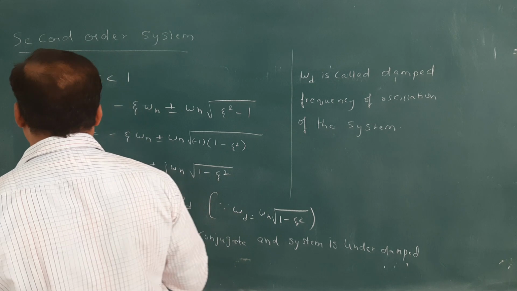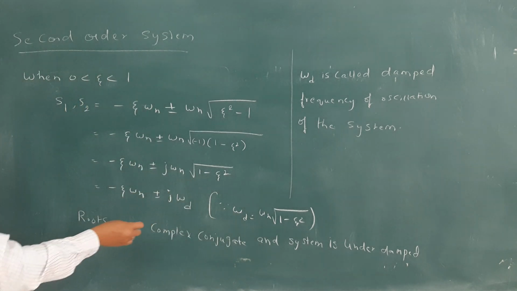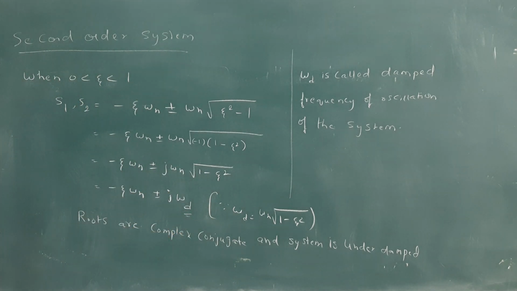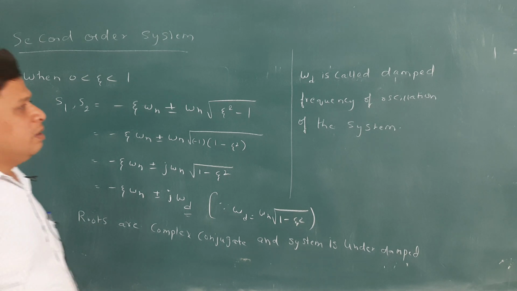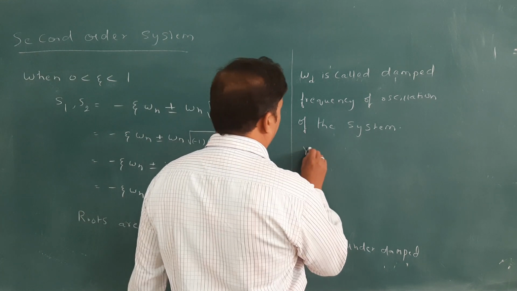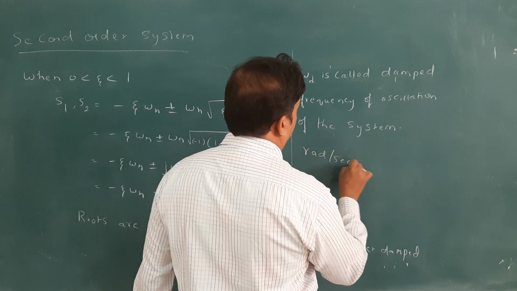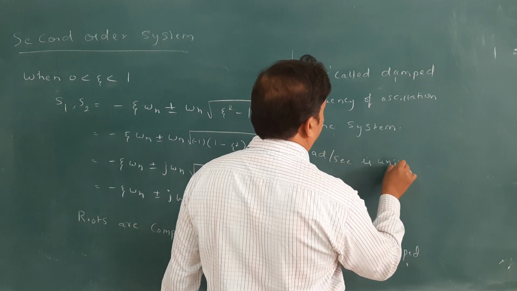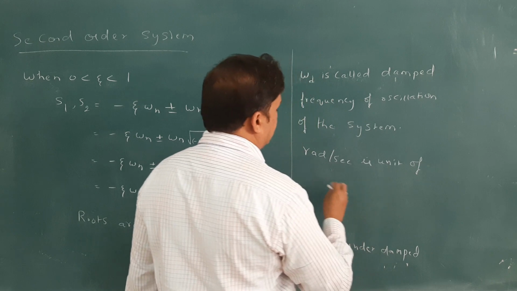This is the damped frequency, and radians per second is the unit of damped frequency.